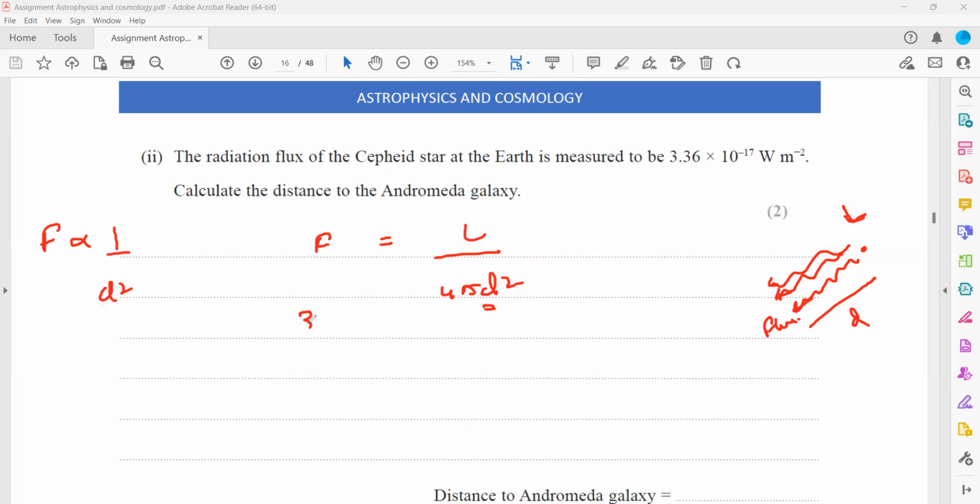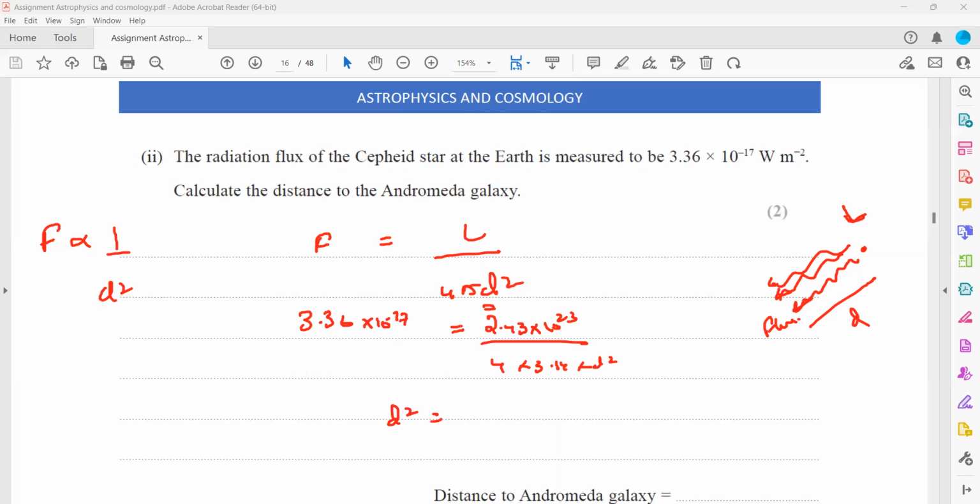The flux is 3.36 into 10 to the power minus 17. The luminosity, that is the power of this star, which we worked out in the previous part, is 2.43 into 10 to the power 29. 4 times pi, which is 3.14, times d square. So we just cross multiply.